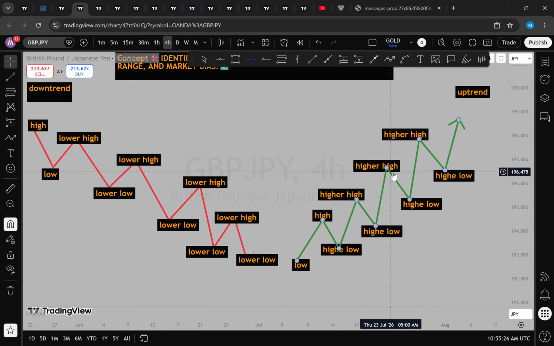Likewise, it is a higher low here because the low here is higher than the previous low, in that order.